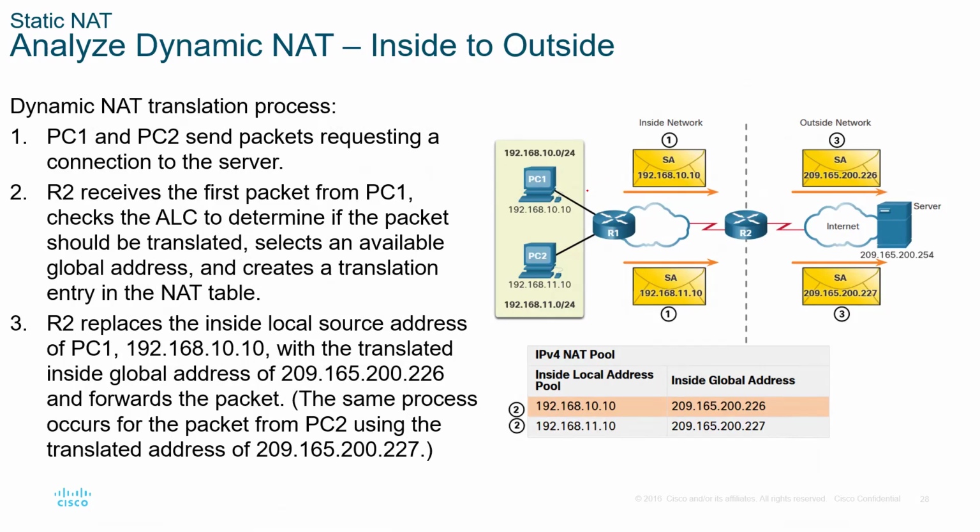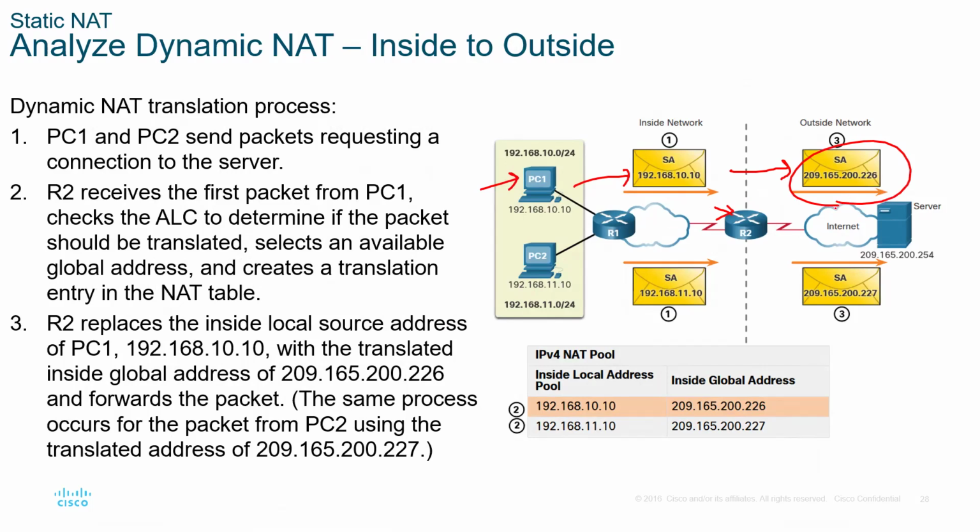So with dynamic NAT, we have a pool and a command which permits or denies translations. If PC1 wants to send information to the server, there is our source address. If it is allowed by the ACL to be translated, it will be translated to a public IP address.